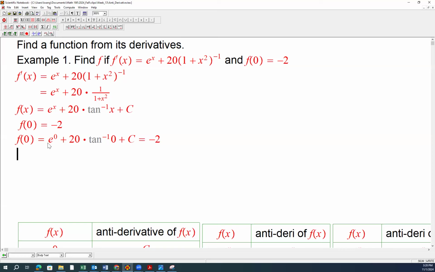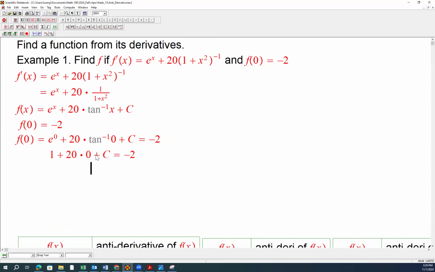From this relationship, we are to find the value of c, okay? e to the power 0 equals 1, plus 20 multiplied by arctangent of 0, which is 0, plus constant c equals negative 2. So we're solving for c, and subtracting 1 from both sides, c is equal to negative 3.